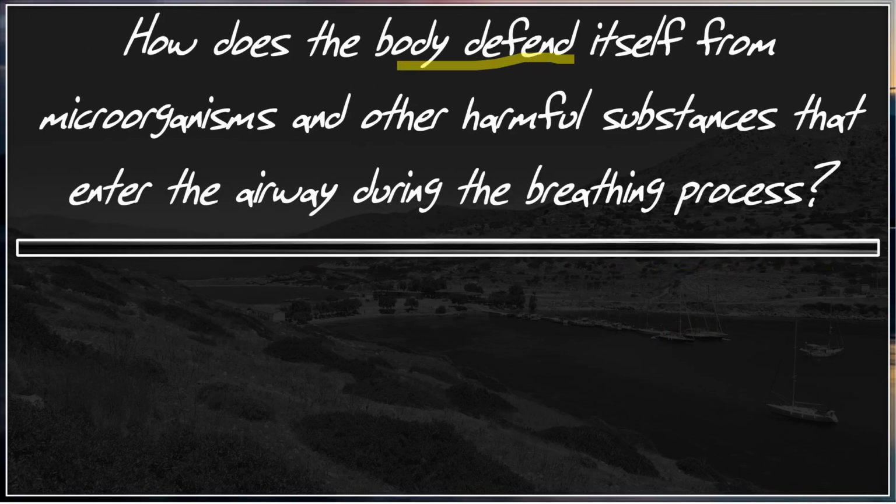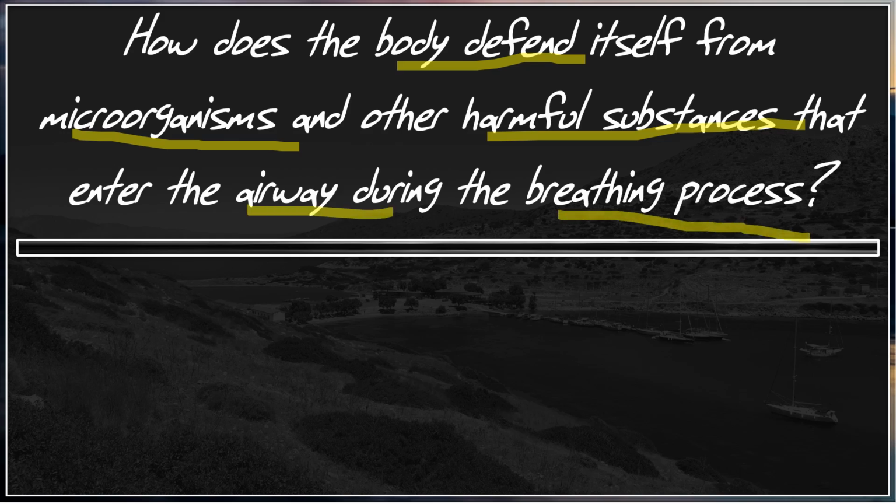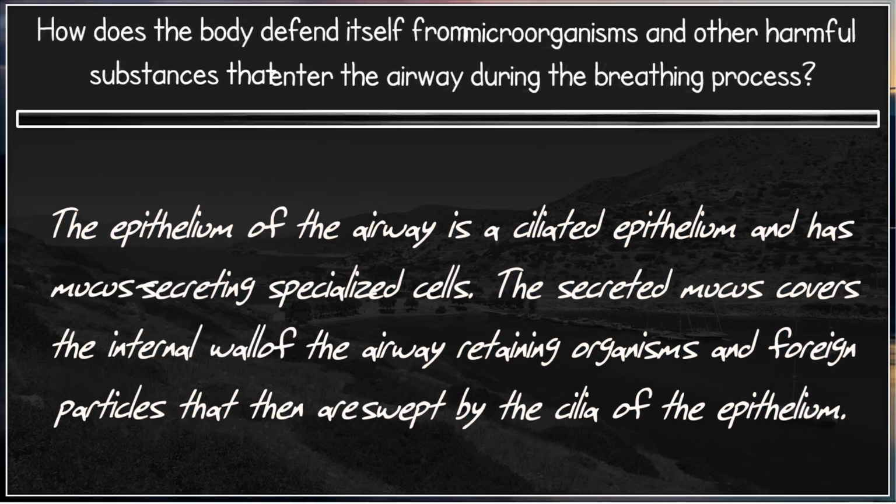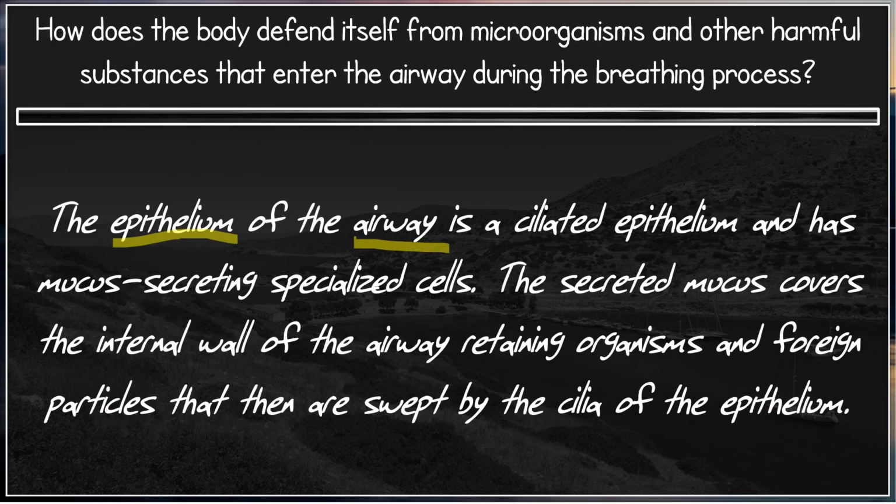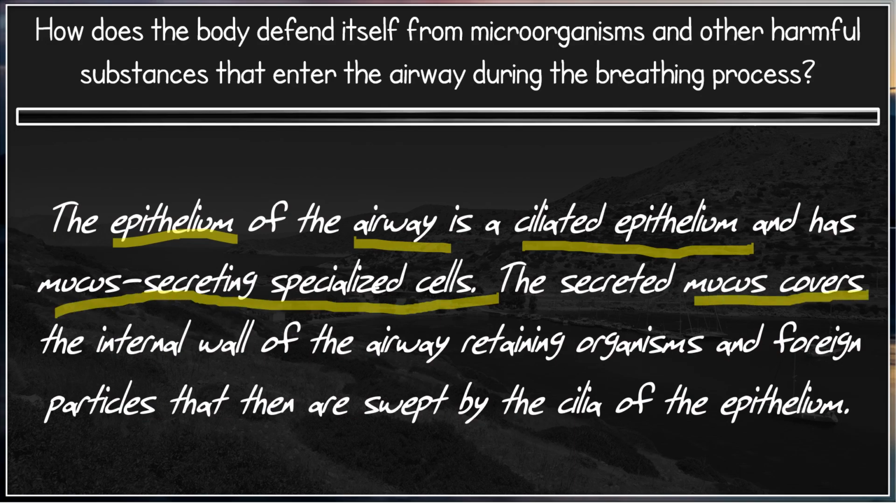How does the body defend itself from microorganisms and other harmful substances that enter the airway during the breathing process? The epithelium of the airway is ciliated epithelium and has mucus-secreting cells. The secreted mucus covers the interior wall of the airway, retaining organisms and foreign particles that are swept by the cilia of the epithelium.